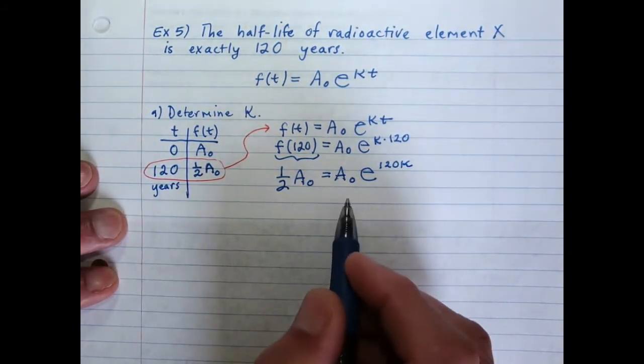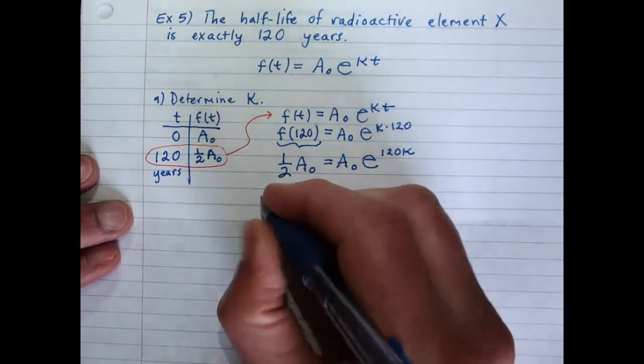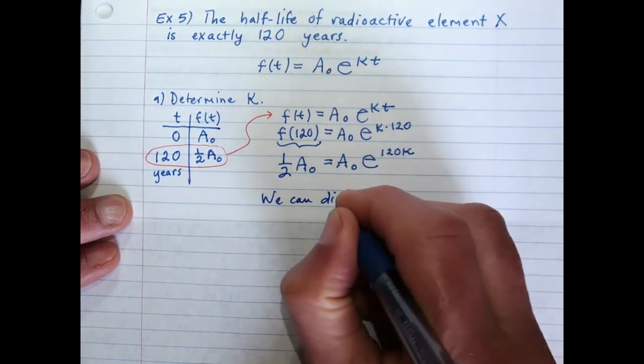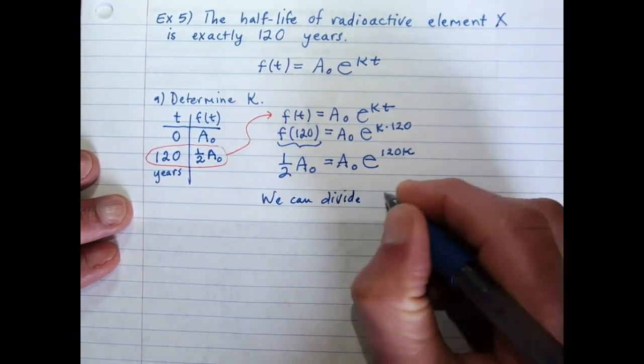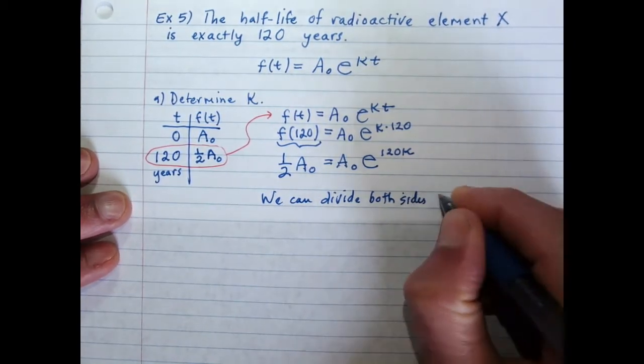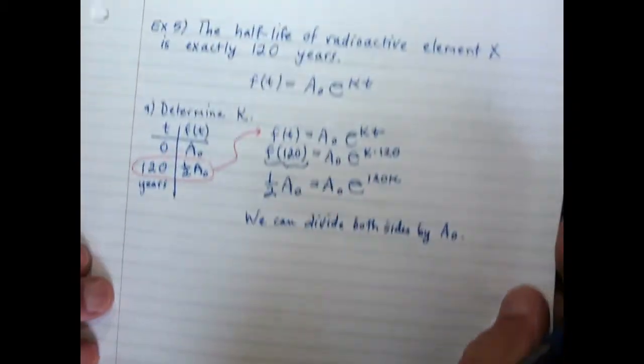Now I don't know what a0 is, and we don't care, because we can divide both sides by a0. That's sort of the magical step here.